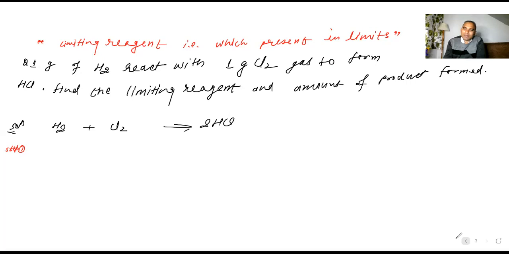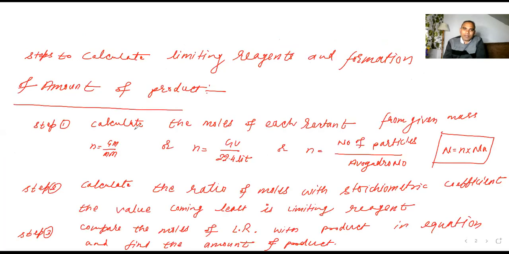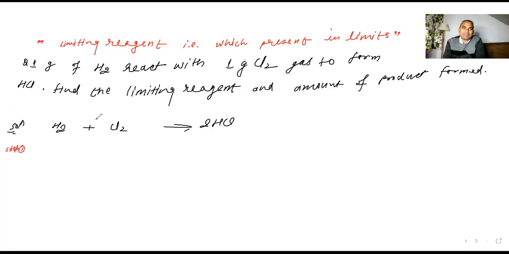I told you, see what I wrote: calculate the moles of each reactant. No, no, no, that is the same limiting reagent method only. See what they are saying: find the limiting reagent.